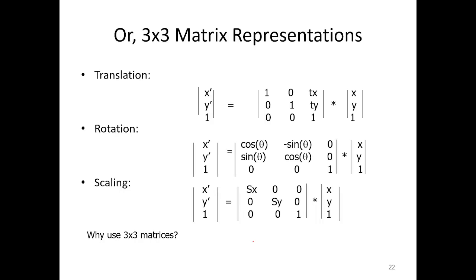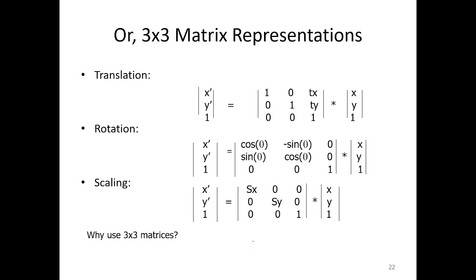So in the 3 by 3 matrix representation, the translation is x dash y dash 1 equal to 1 0 tx, 0 1 ty, 0 0 1, into x y 1. Rotation, x dash y dash 1 equal to cos theta minus sin theta 0, sin theta cos theta 0, 0 0 1, into x y 1.